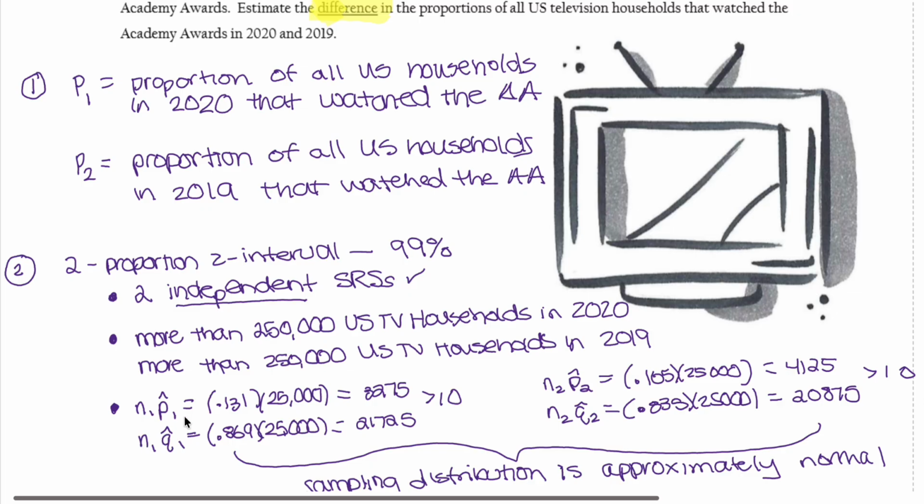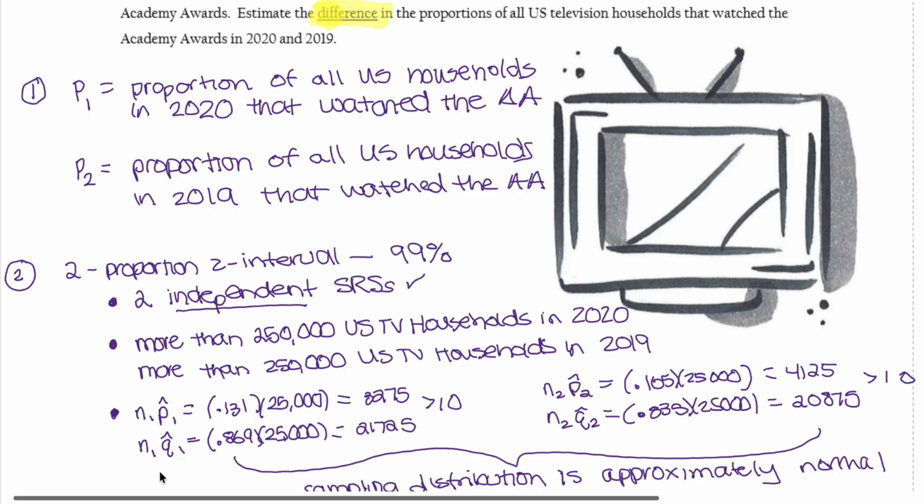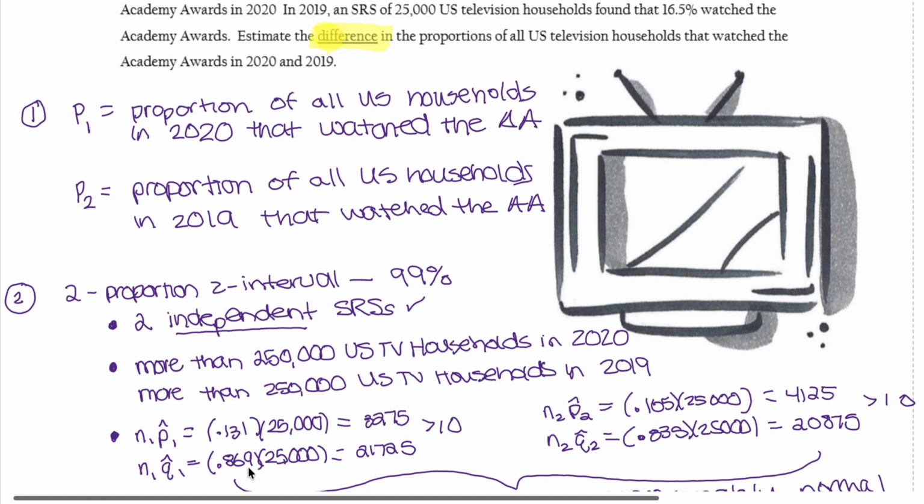So we first do n1 p hat 1. Remember, if we're doing a z interval, always use p hat and q hat, and if we're doing a z test, use p and q, because we don't know the population proportion. That's the thing that we want to find. So we only know the sample proportion, so we can only use p hat or q hat.